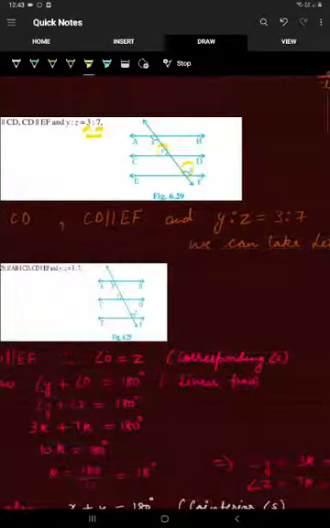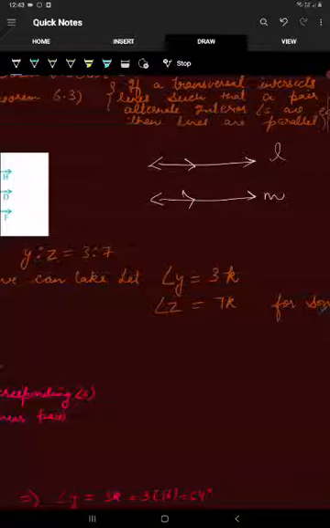Students, we learned in the previous video that if line L is parallel to line M, and again line L is parallel to N, then both M and N will also be parallel. The concept here is that lines parallel to the same line are parallel to each other.